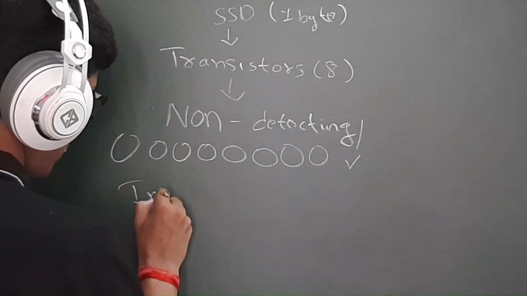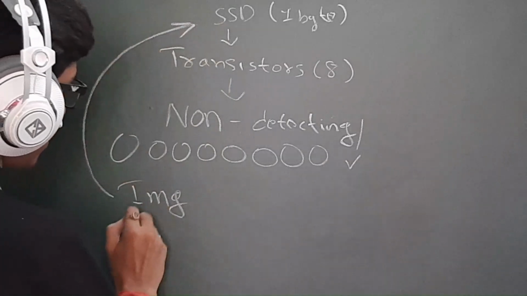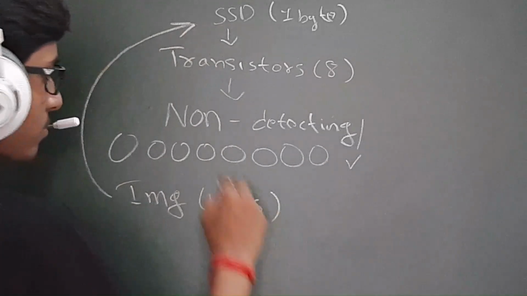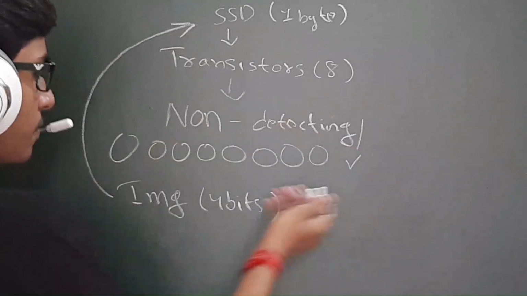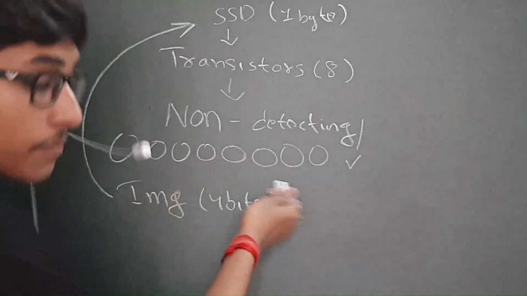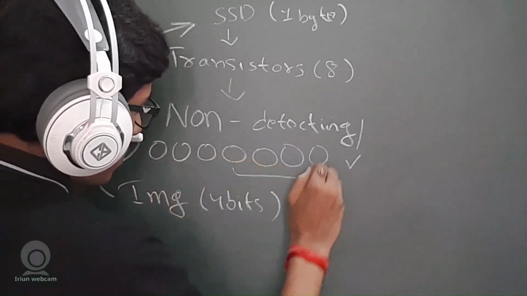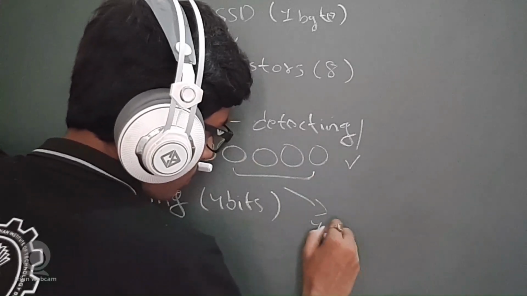An image, the image size is 4 bits. Now, of these non-detecting transistors, any four of them will be, suppose, in the alignment of 0 1.